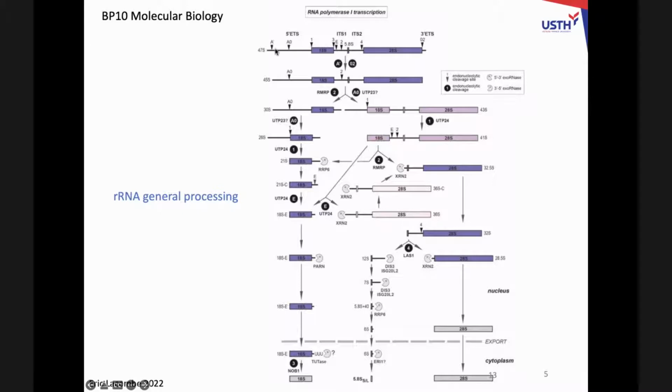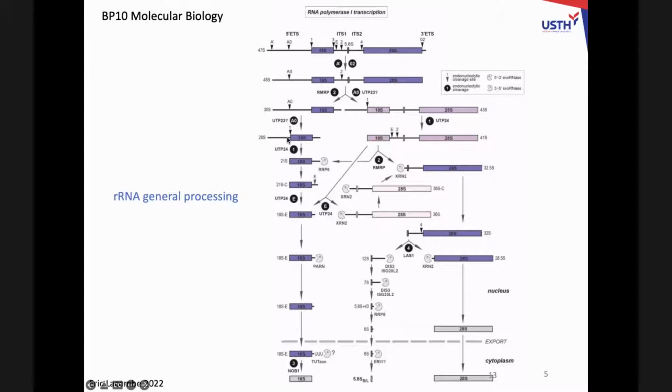So for example, from the first 47S molecule, the first process is to cut the little piece on the 3' end. You see it's removed, and so on. Then there is another cut here that splits the molecule in two, and so on and so on. So the processing of the pre-rRNA is a combination of endonucleolytic cleavage, like the black arrows, and also the activity of exoRNases, either 5' toward 3' or 3' toward 5', which can be found here, for example.